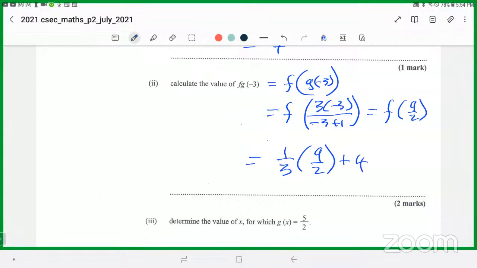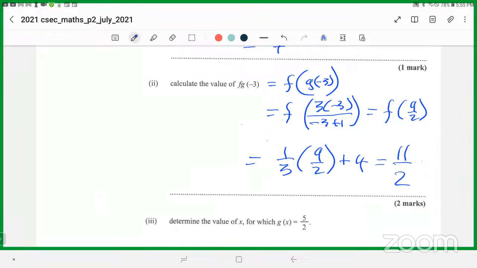This becomes 3 over 2 plus 4. 4 is the same as 8 over 2. Yes, that becomes 11 over 2. So the answer is 11 over 2, or 5.5.